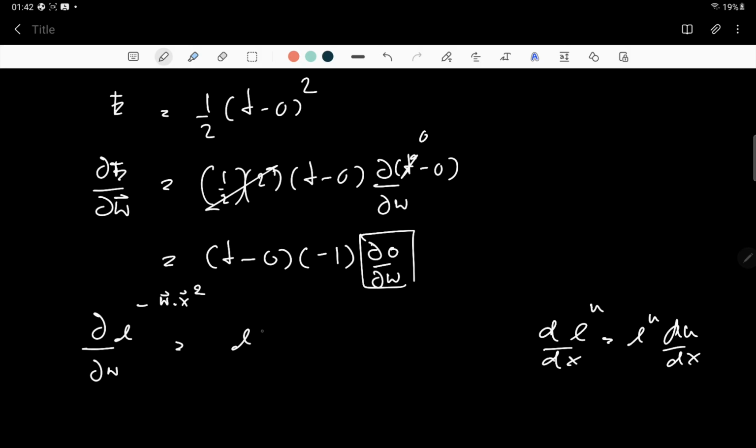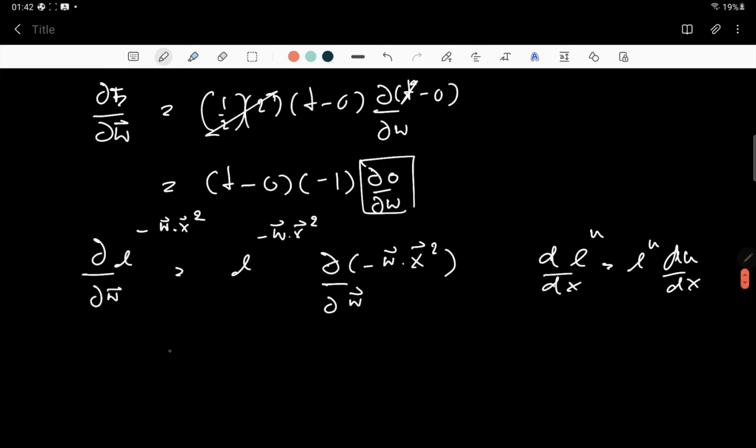It will be e to the power u, and then the partial differentiation of this function by the weight. We can keep this one here to make it clear.